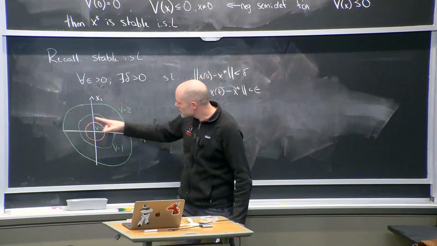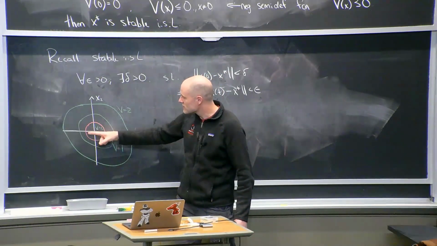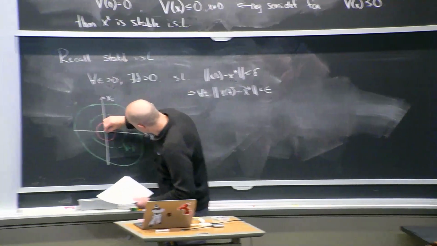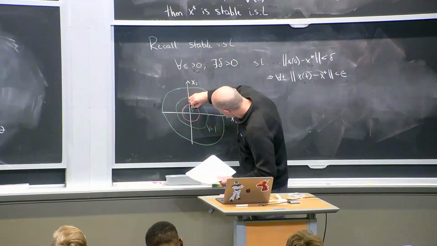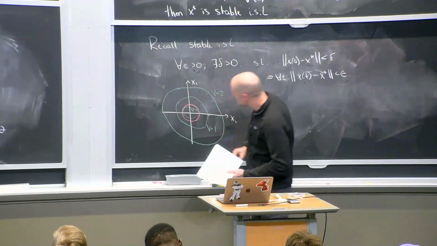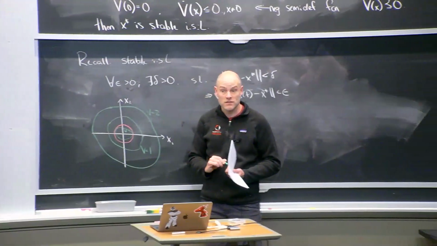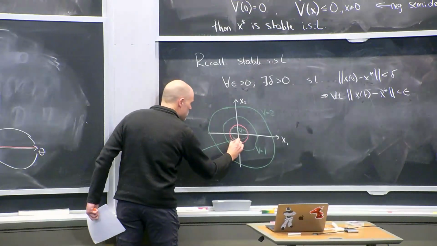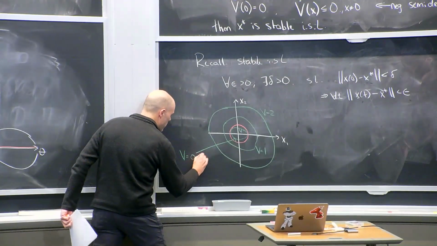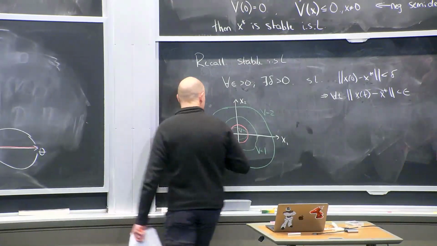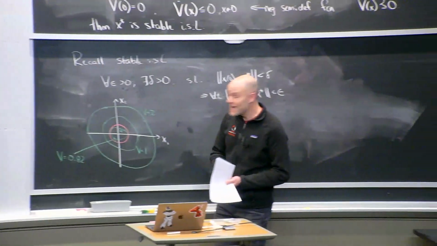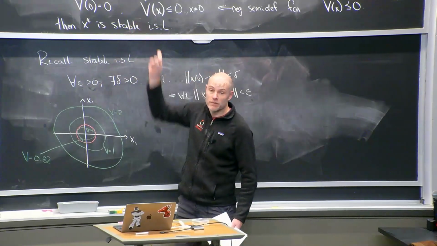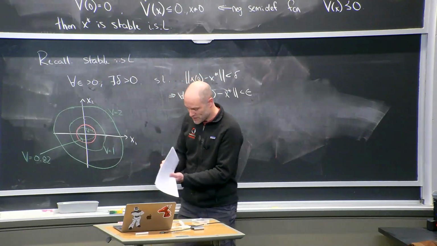So if you tell me I need to find initial conditions so that I stay inside this ball at all times, I can look for a sub-level set that fits completely inside there. It doesn't have to be round. If this is V equals, say, 0.82 and fits completely inside that ball, then any initial conditions that start with V at 0.82 or less are guaranteed to stay inside this epsilon ball.